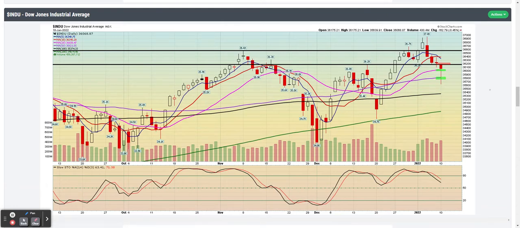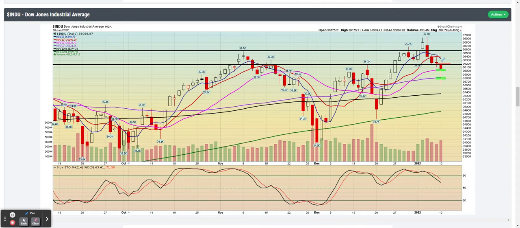I'll take a look at the Dow Jones. Gapped lower, dipped below the 20 and the 50-day moving average. This should have acted as very heavy, strong support on the way up, push higher and finished above the 20-day moving average, but it's still underneath this heavy resistance of 36,200.